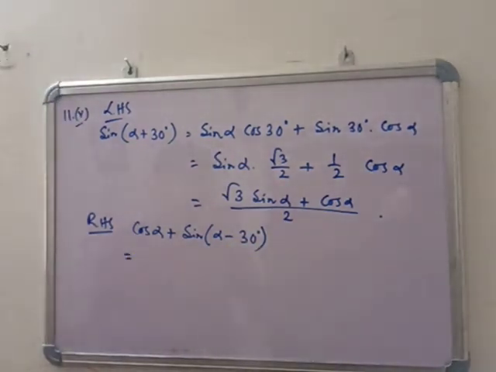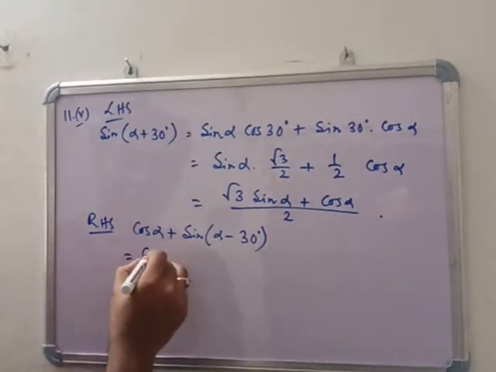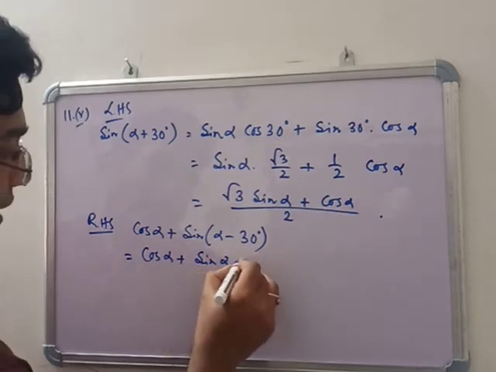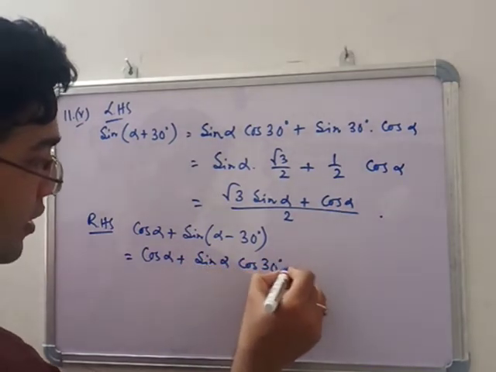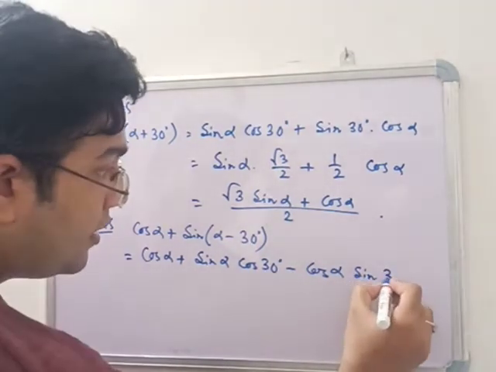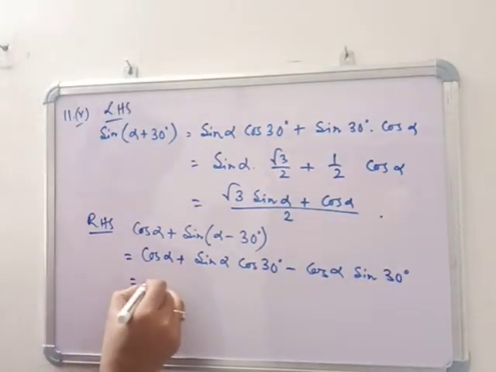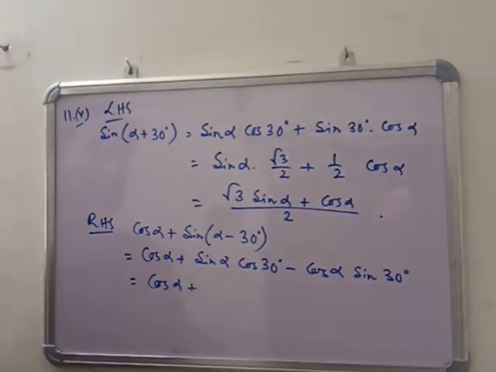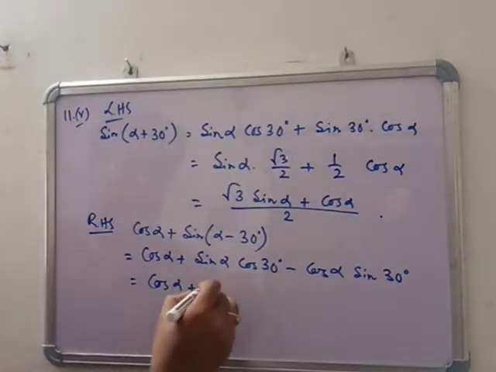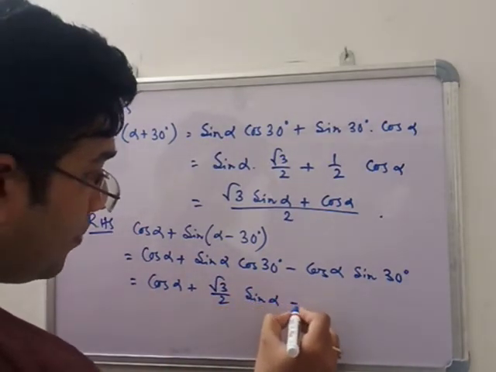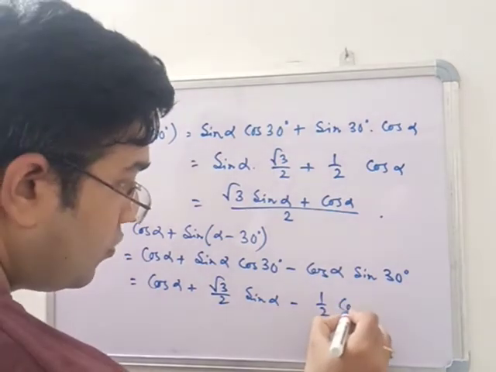So now cos alpha plus sin alpha cos 30 minus cos alpha sin 30. So that means cos alpha plus, cos 30 means root 3 by 2, that means root 3 by 2 sin alpha minus 1 by 2 cos alpha.